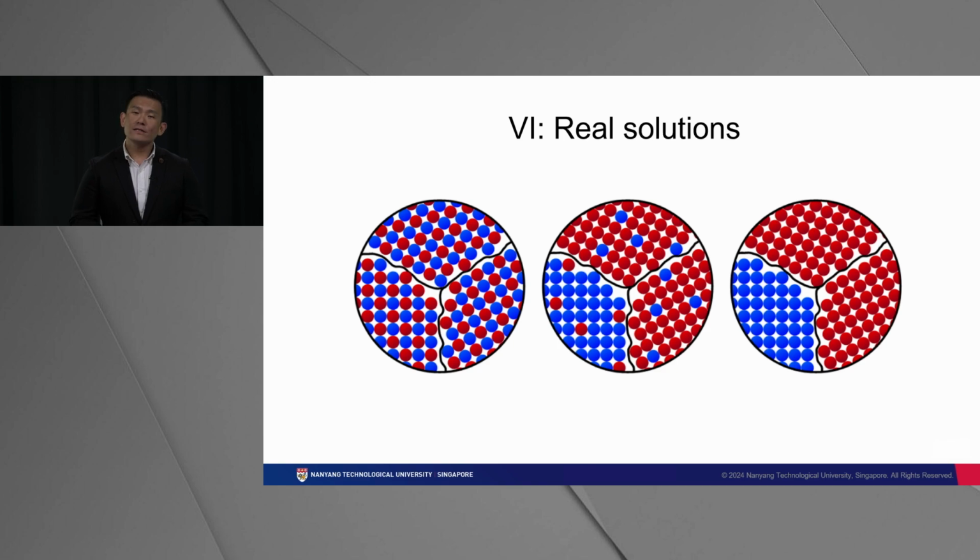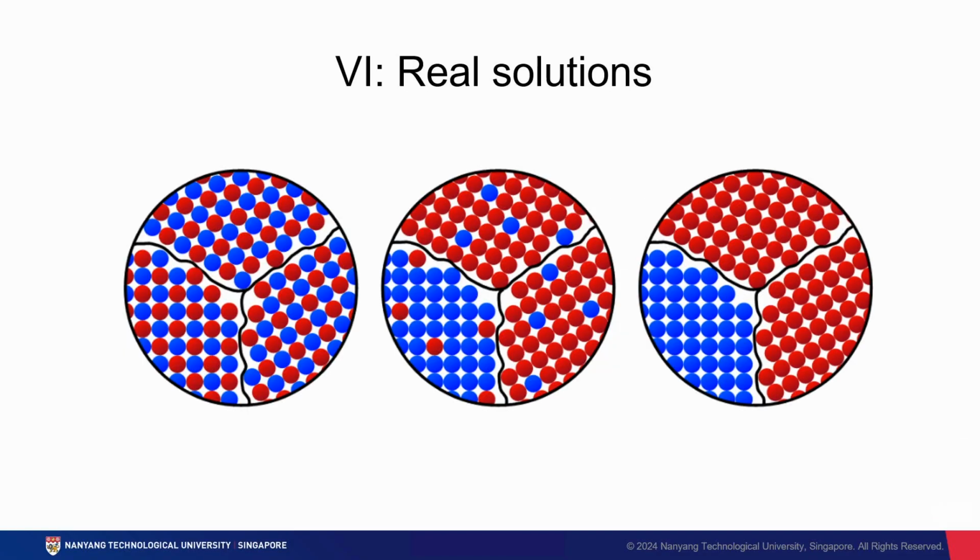So now let's talk a little bit about real solutions. This portion is a little bit abstract. Try and follow along. First and foremost, here we've got three possible mixture examples. First, let's talk about the extreme case. What this really depicts is the grain boundaries between two different solutions.